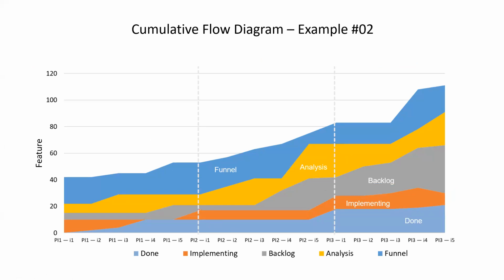Let's take from here till here. What happened for implementing and done? Of course, done won't have any WIP limit, but what happened for implementing? Implementing is flat for 5 sprints because of the WIP limit.